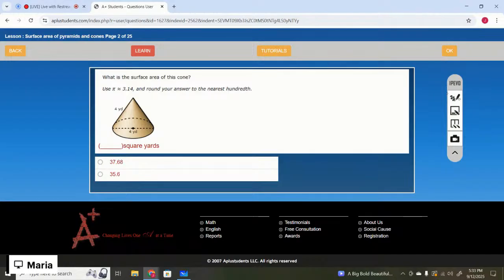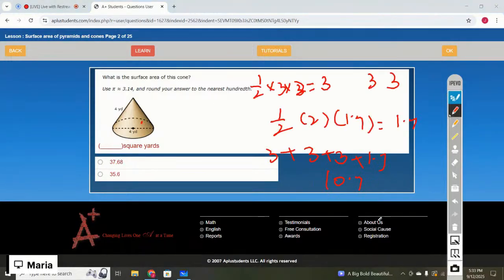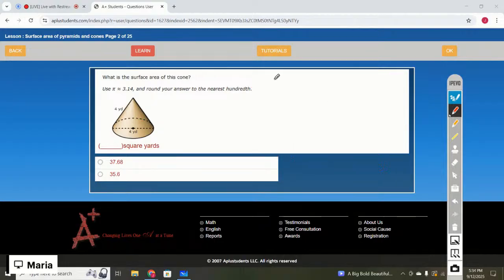What is the surface area of the cone? You need to calculate the area of the base.